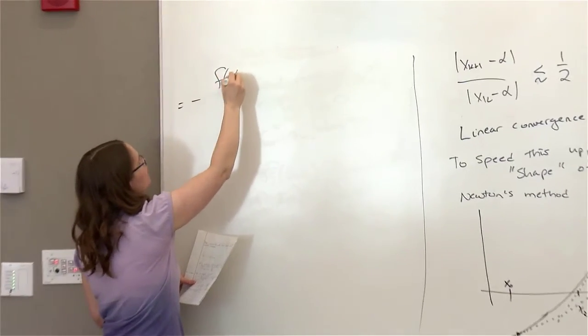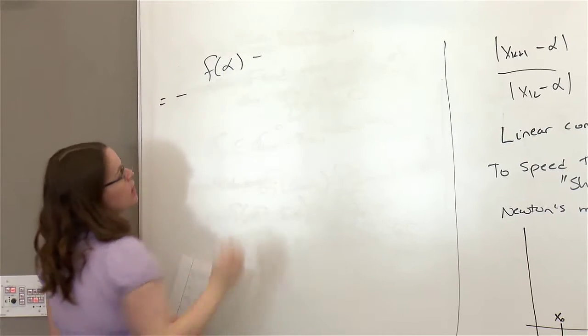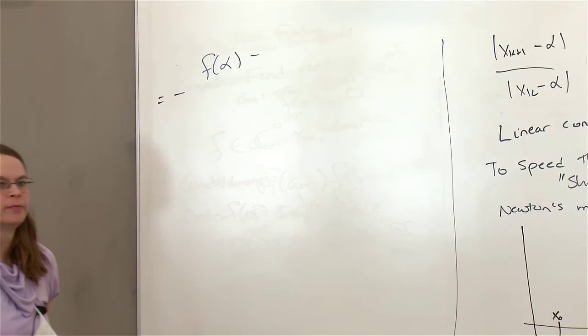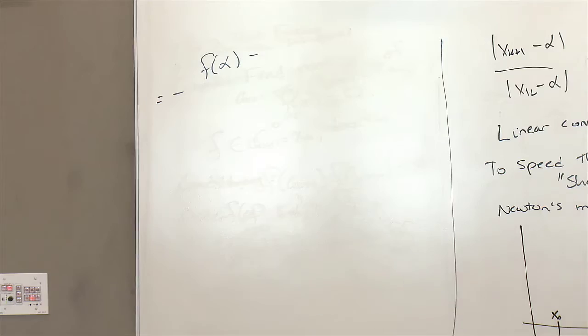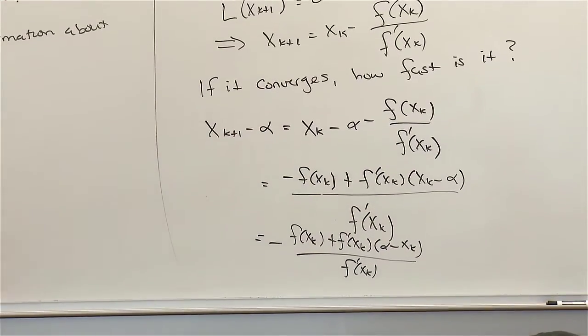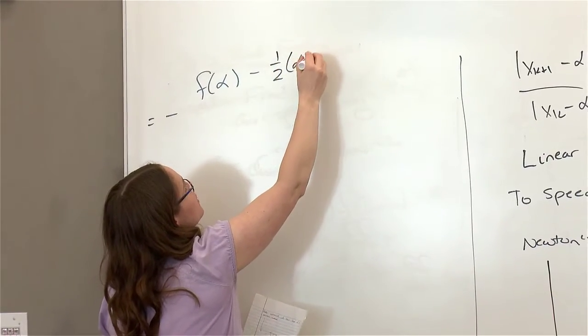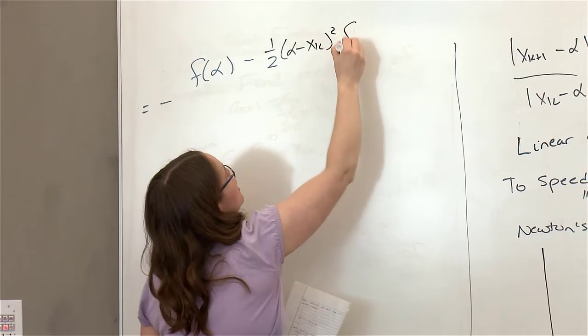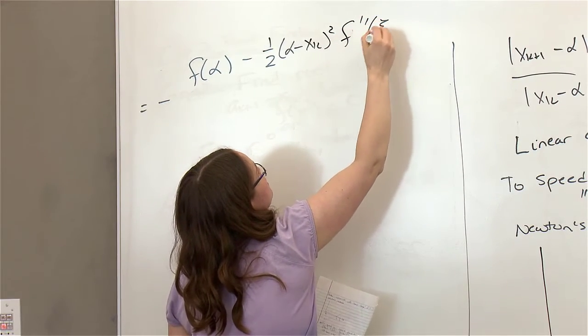Okay, so if I simplify this a little bit, f of alpha is equal to this plus error, so this is going to be f of alpha minus the error term. So we're going to subtract off our error term here: alpha minus xk squared times f double prime evaluated somewhere.